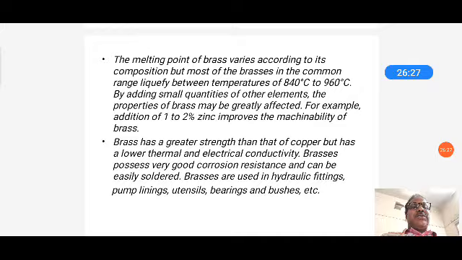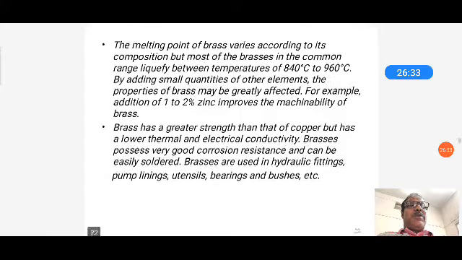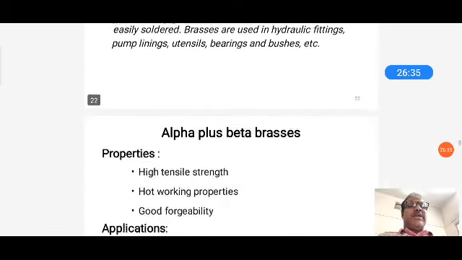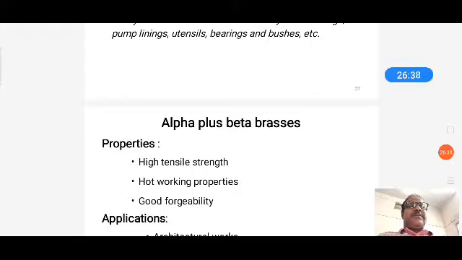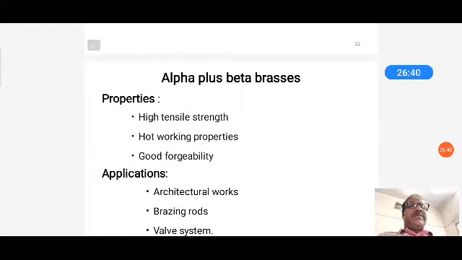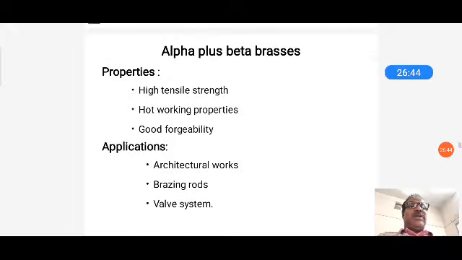These are used in different applications, so that's why they are more popular. These alpha plus beta brasses show properties of very high tensile strength, hard working properties, and good forgeability.